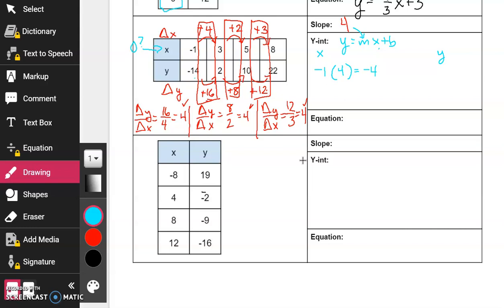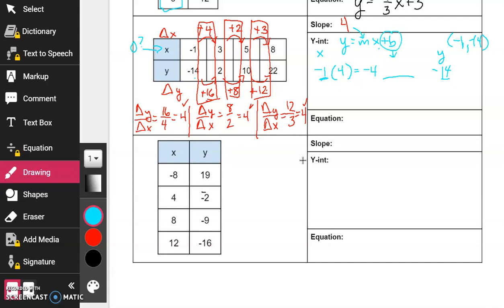My y value is supposed to be -14. When x is -1, y is supposed to be -14. Right now I'm at -4. That's not -14. So now I'm seeing, what do I add to get to -14?